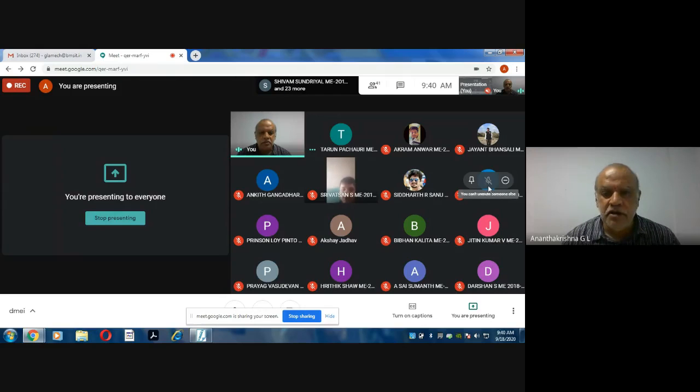So C30 steel means the steel has a carbon percentage of 0.3. If I come to C25, the carbon percentage is 0.25% because the average of 0.2 and 0.3 is 0.25. So C25 will have an average carbon percentage of 0.25, and therefore it is called C25.